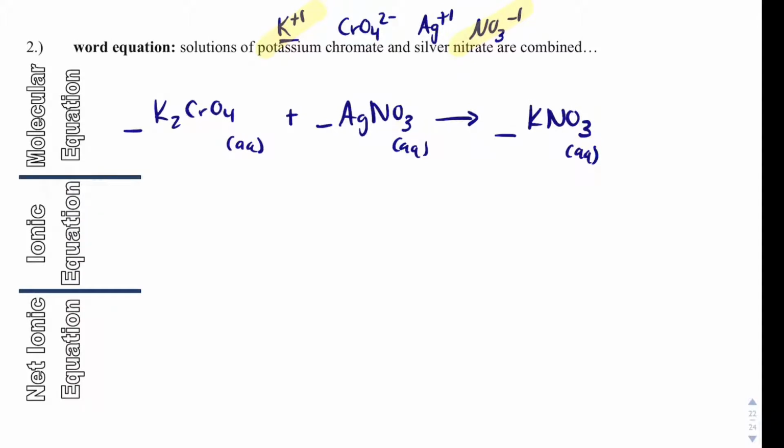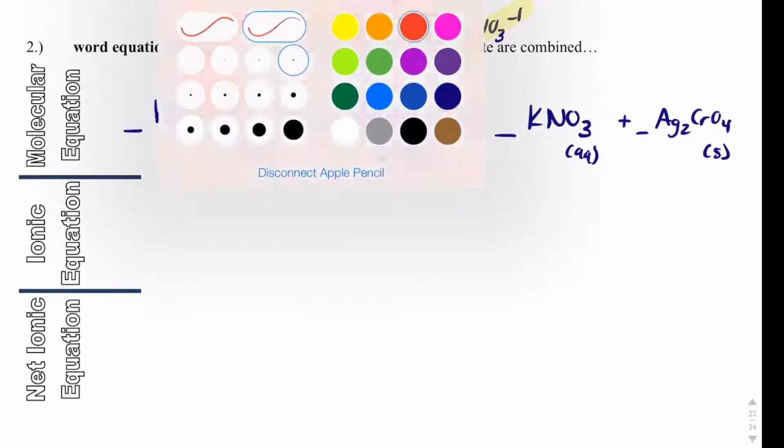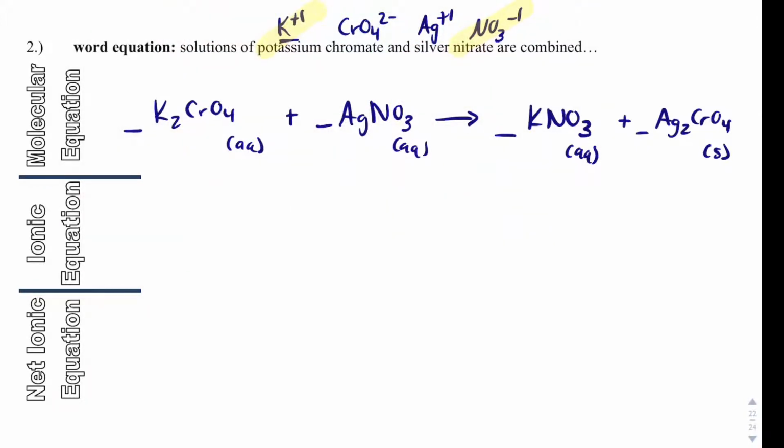And then we'll get silver chromate, and chromates are always insoluble unless they're paired with group 1A, which silver is not, or ammonium, and obviously silver is not ammonium, so we'll have silver chromate, and that will be a solid. We can go ahead and get this balanced. We'll put a 2 there and a 2 there.